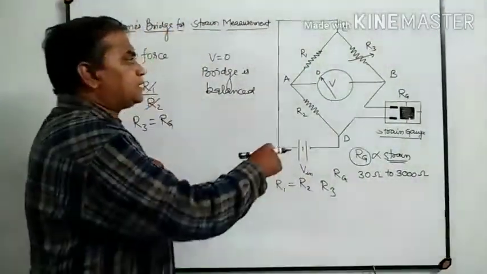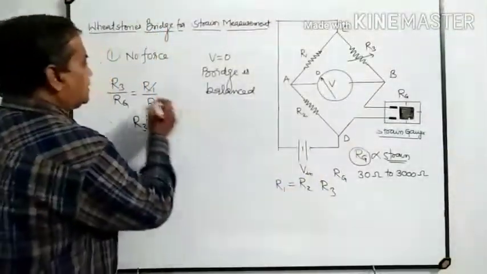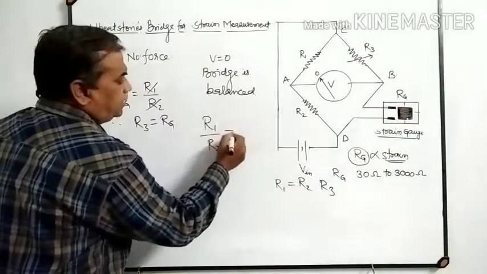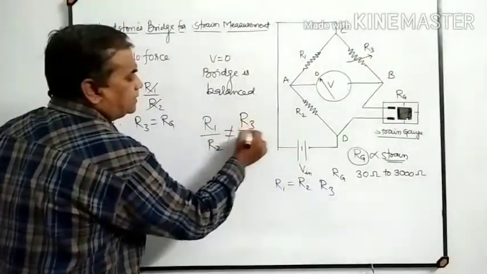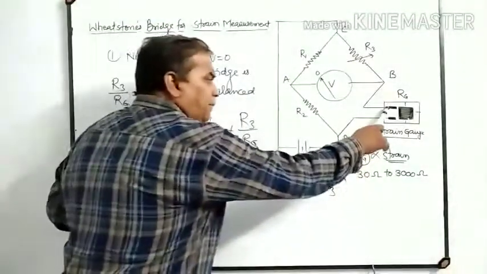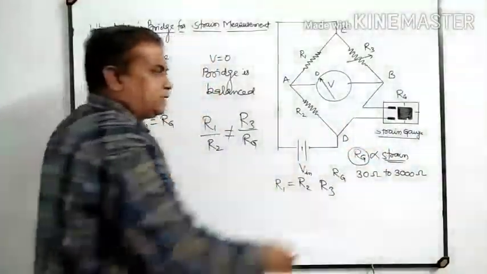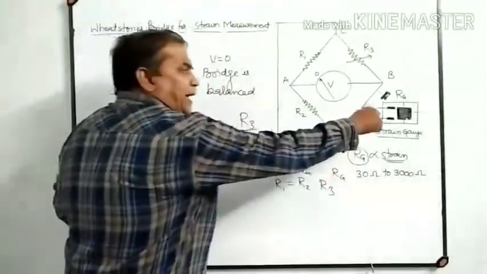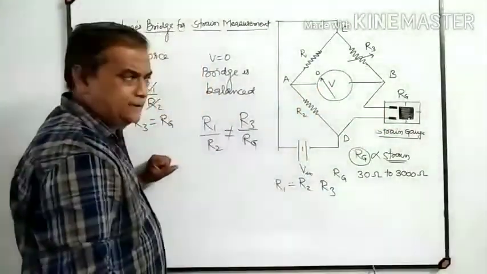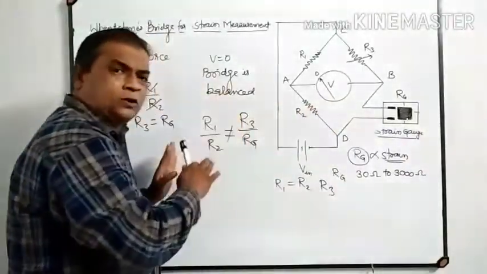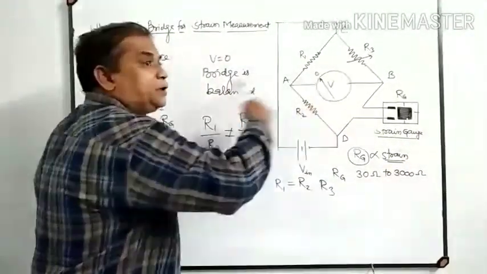It means this Wheatstone bridge does not balance, means R1 by R2 is not equal to R3 divided by Rg. Whenever strain is applied to the strain gauge, the pointer of the voltmeter does not show zero deflection. It will show some deflection.